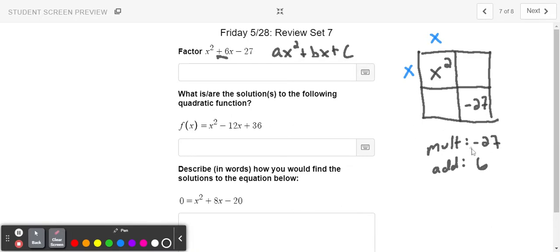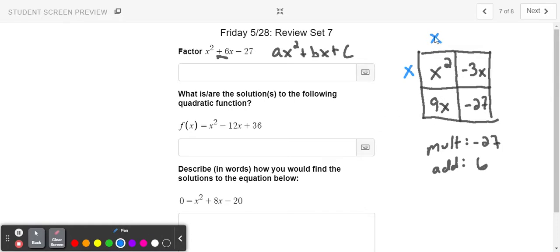Two numbers that multiply to make negative 27 and add to make positive 6. And after a little bit of work, you would find that that is 9x and negative 3x. 9 times negative 3 makes negative 27. 9 plus negative 3 makes positive 6.